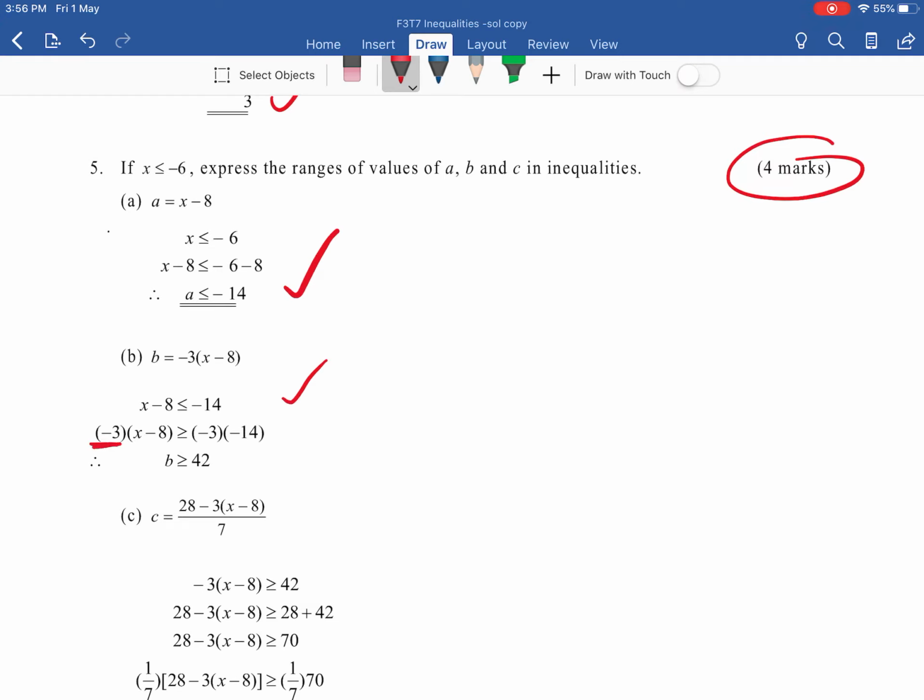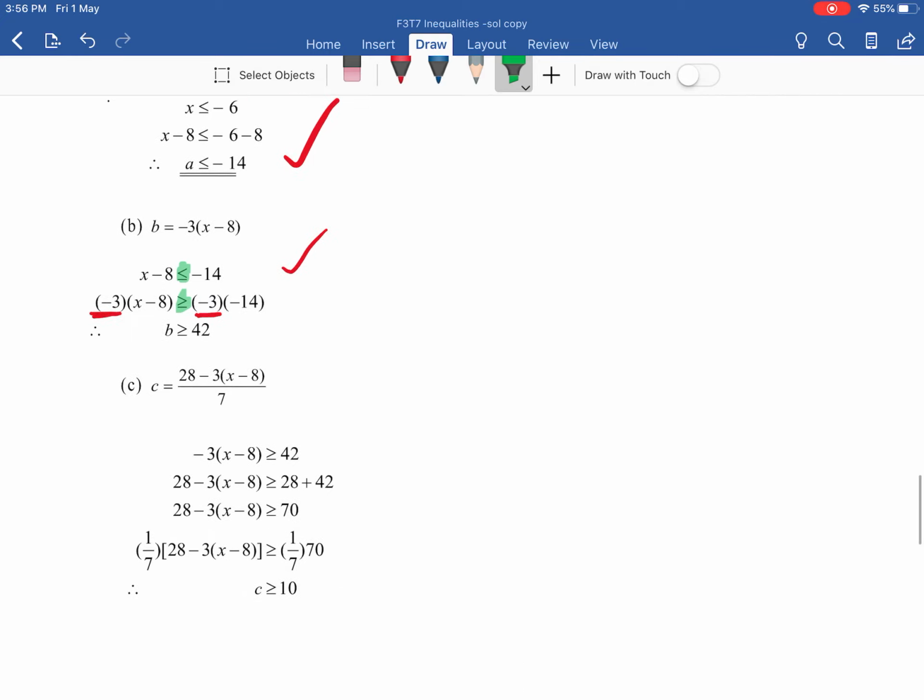And then they are going to multiply by a negative number. So you have to change the inequality sign. Do you see that? But many students forget to change the inequality sign. Again, for this problem, some students did not do it following the above steps.